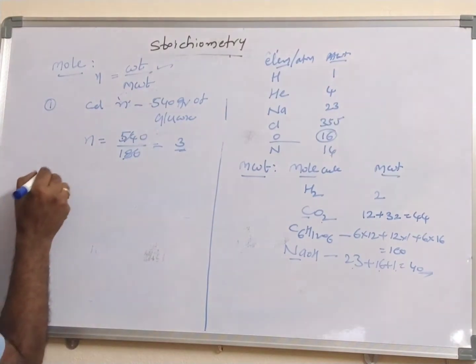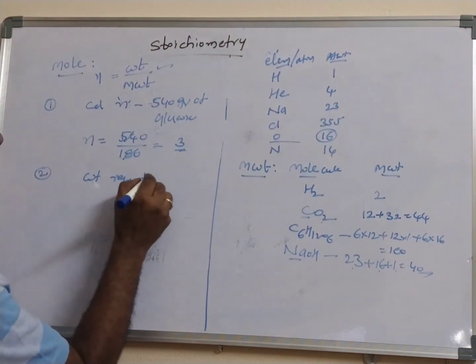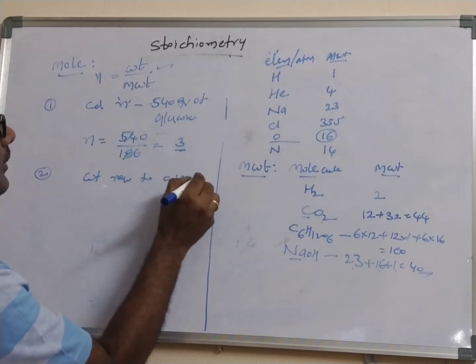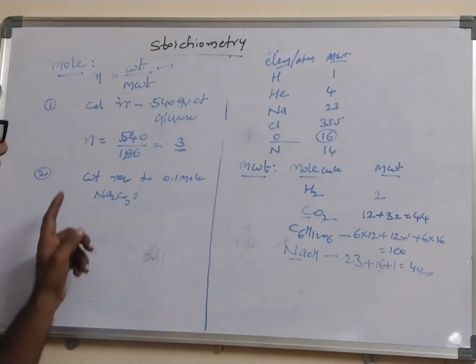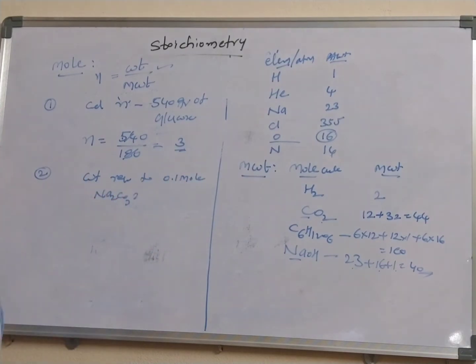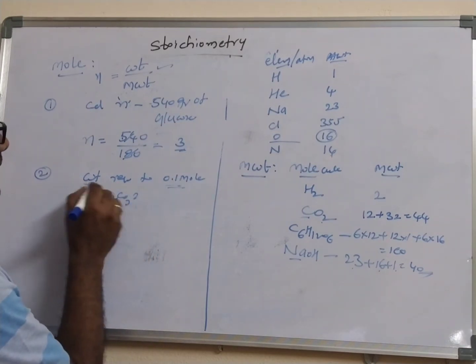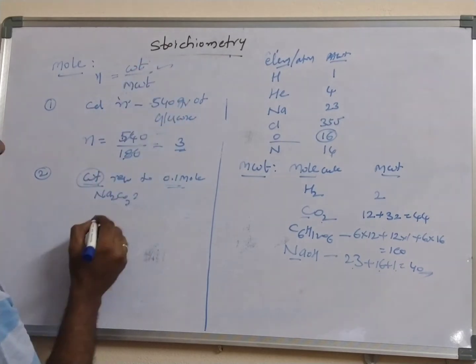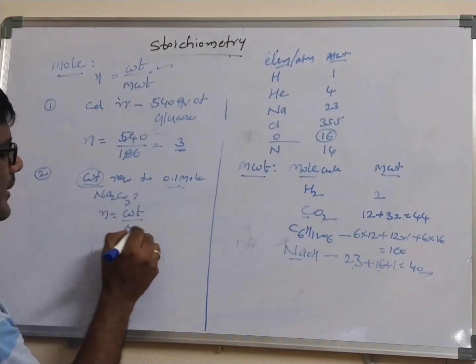Second question: calculate the weight required to prepare 0.1 mole of sodium carbonate. Now what is given? Mole is given as 0.1 and you are asked to calculate the weight of the substance. So N is equal to weight by molecular weight.